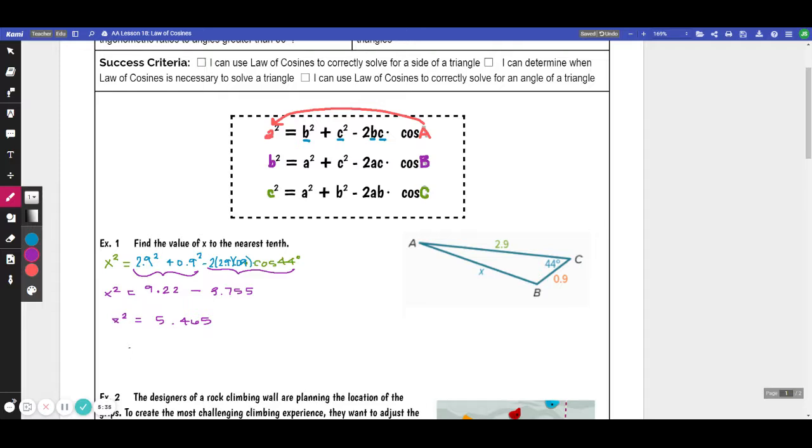Then we're taking the square root, 2.34. Again, make sure that your answer is reasonable, 2.34. So one side's 0.9, one's 2.9. Yeah, 2.34 makes sense. If you get it set up correctly, all the mistakes are going to happen right here, right there.